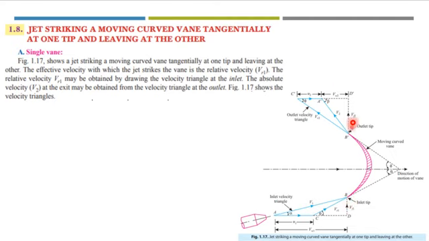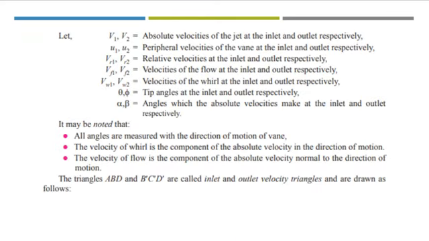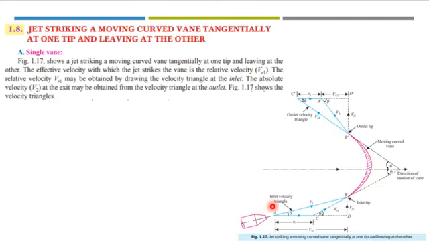So the x component of this absolute velocity is whirl velocity, and the y component is flow velocity. The same is true for absolute velocity at the outlet. And the triangles ABD and B prime C prime D prime are called inlet and outlet velocity triangles.